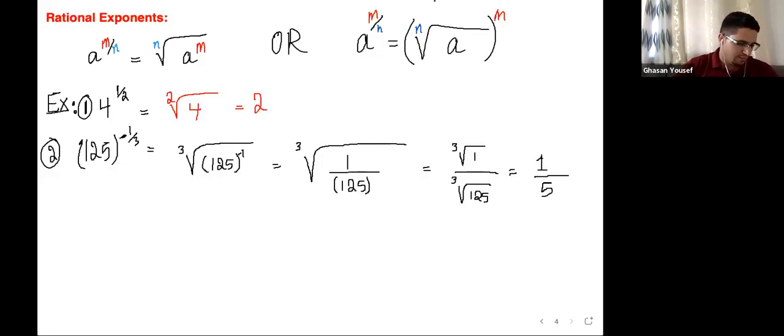Now we have to go to simplifying, like we learned in the integer exponent. Now we're going to learn how we can simplify in rational exponent. So I'm going to go to the next slide. So here, simplifying.